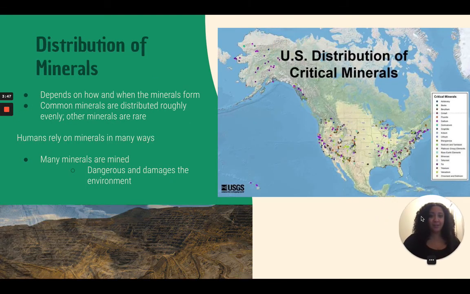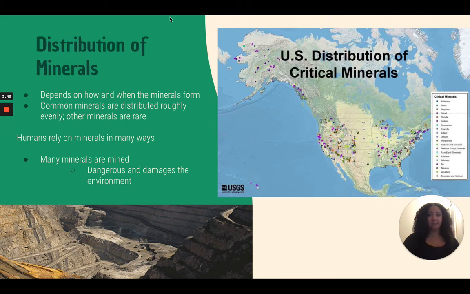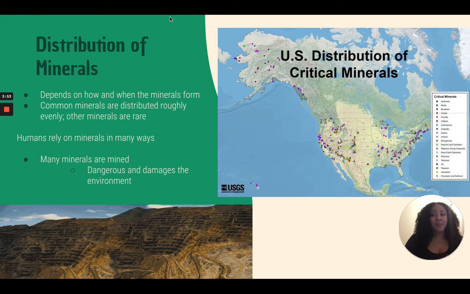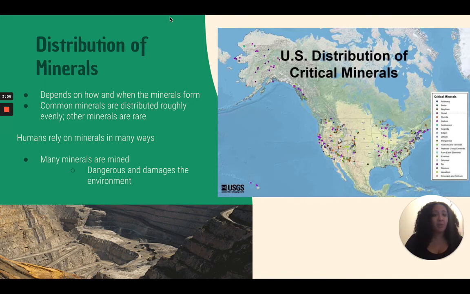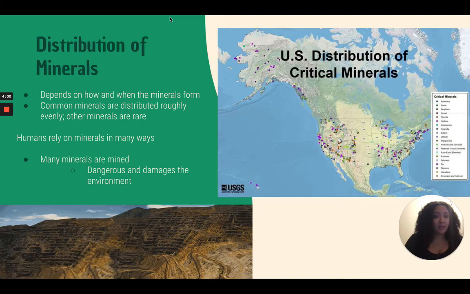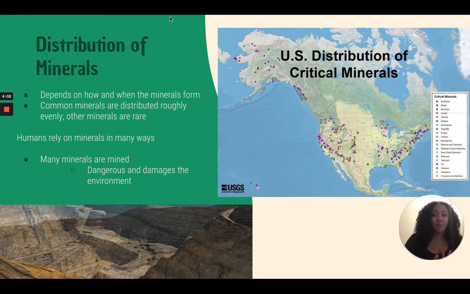So let's talk about the distribution of minerals. Common minerals are roughly distributed evenly. Meanwhile, other minerals are rare, like gold and uranium.